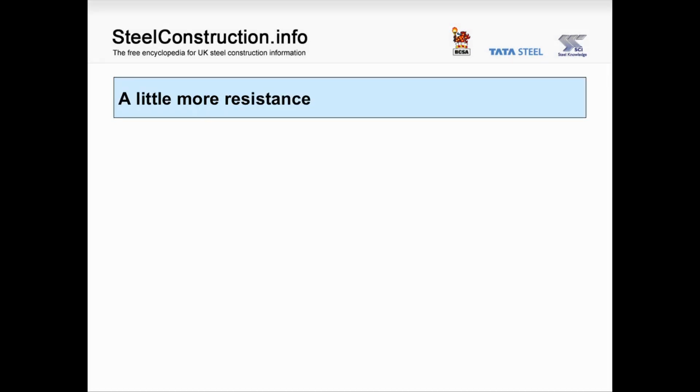If we've selected the curves which are appropriate for rolled sections, then we are allowed to determine a little more resistance by calculating a modified value of chi LT. And chi LT mod is equal to chi LT divided by F. F is given to us in the Eurocode.